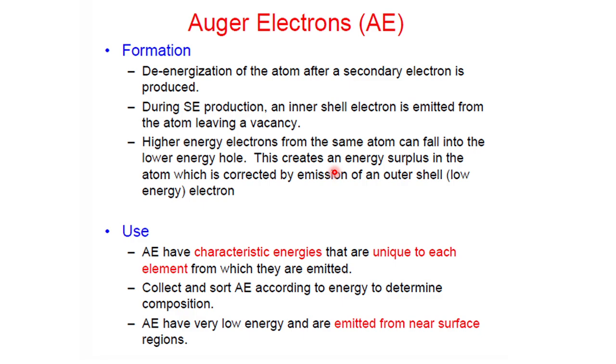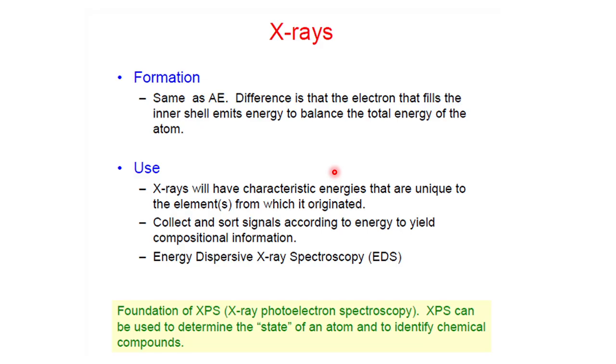If you have four to five different elements, you can determine which elements are present based on the energy of the Auger electrons. AE has very low energy and is emitted from the near surface region. It is not from a very high depth.